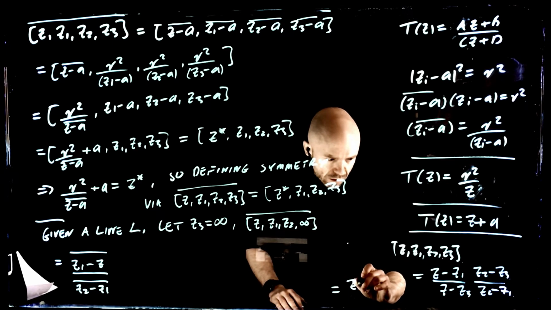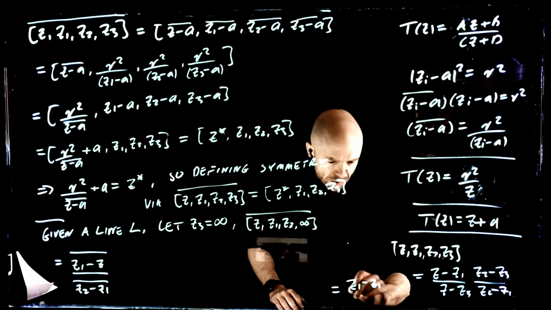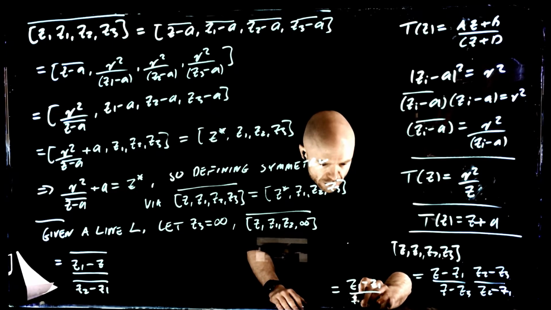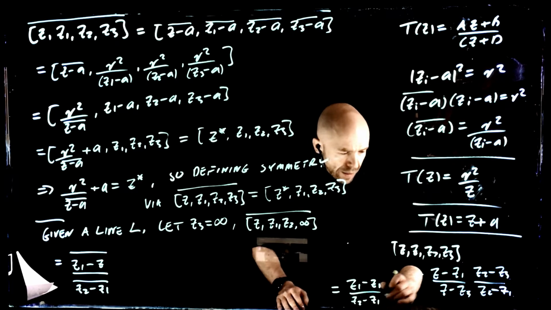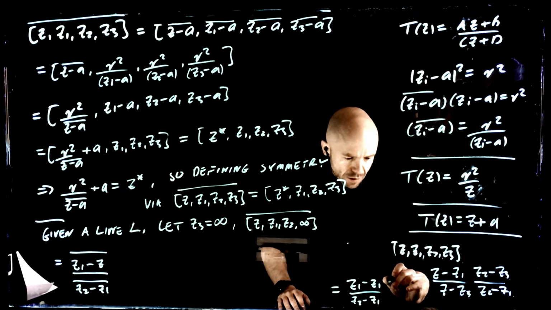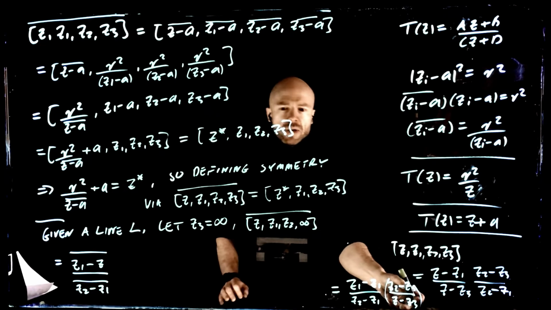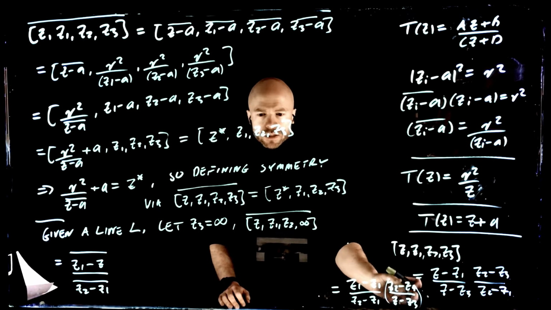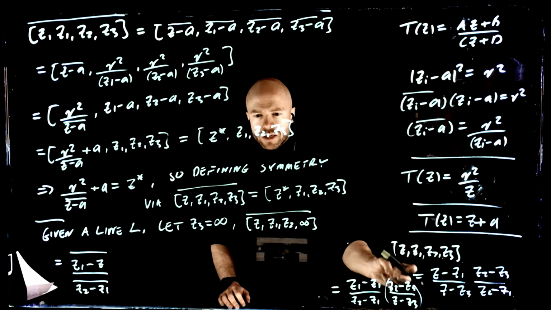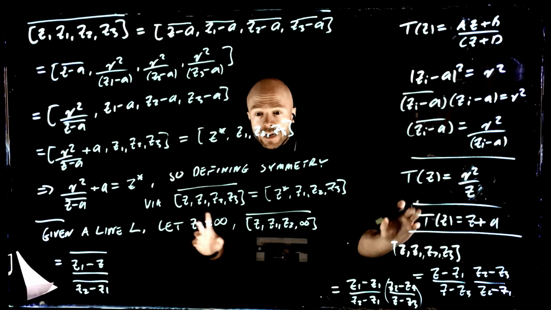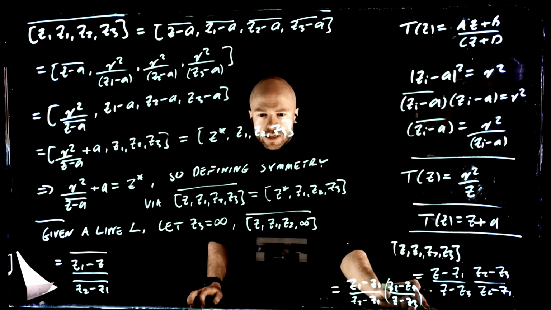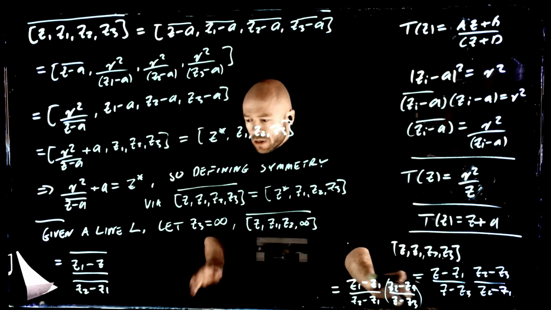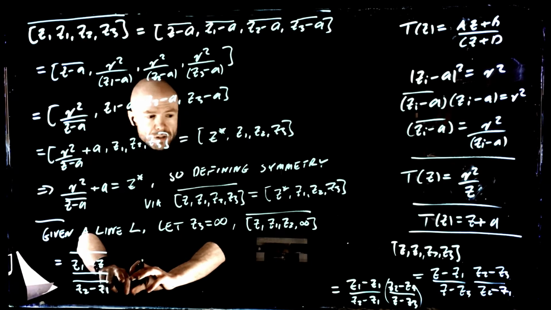So we can rewrite this as z minus z1 over z2 minus z1, and then z2 minus z3 over z minus z3. If we look at this as we let z3 go to infinity, this thing tends to 1 no matter what our choice of z actually is. So at infinity, this expression is exactly 1. So we just end up with this expression right here.